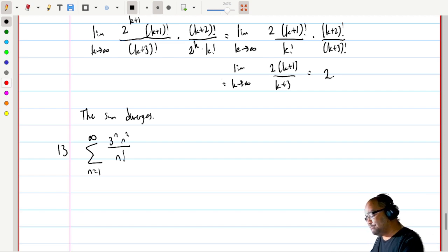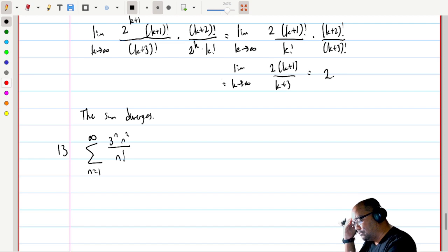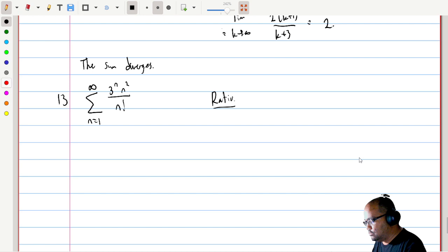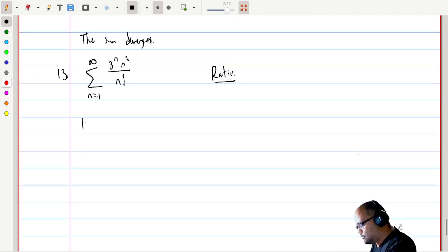So let's see here. Again, I see factorial, so I'm just going to use the ratio test. One could argue you could also use the root test, but it's going to be a little messy because you have to use a Stirling approximation with the factorial. So just do the usual ratio testing here.